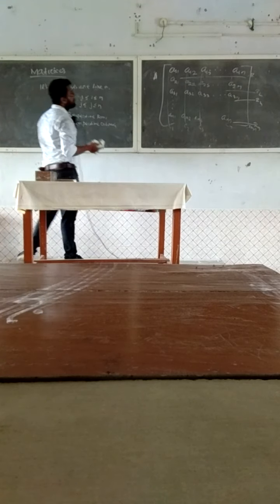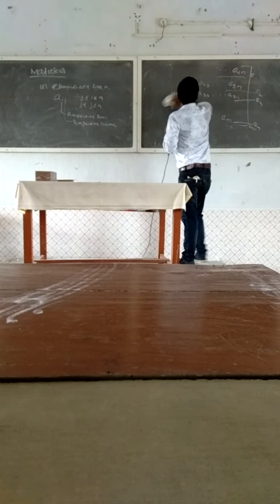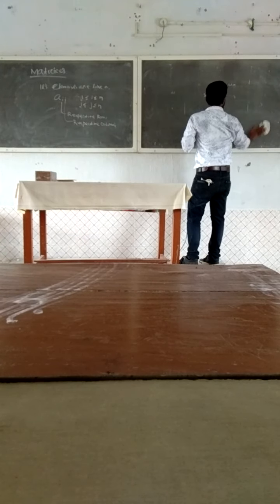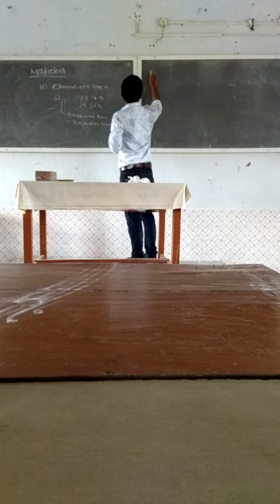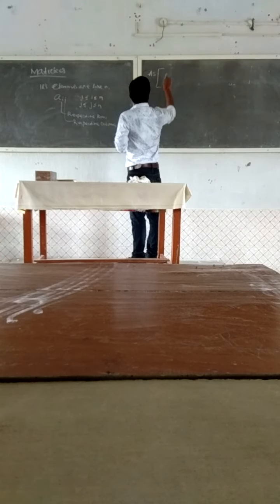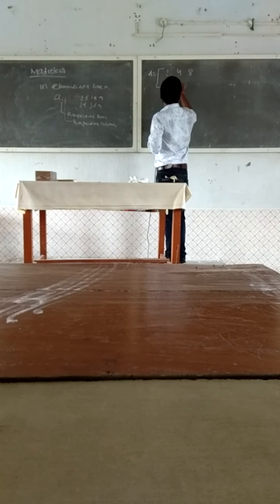Now, taking an example of a matrix: A equals 1, 4, 8 in the first row and 2, 9, 7 in the second row.